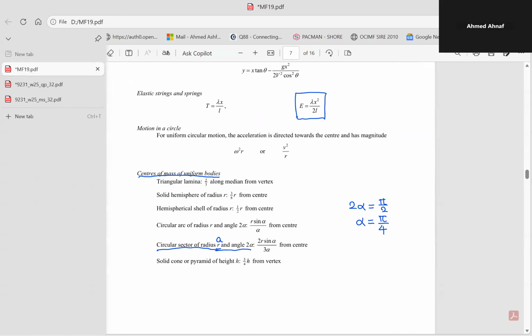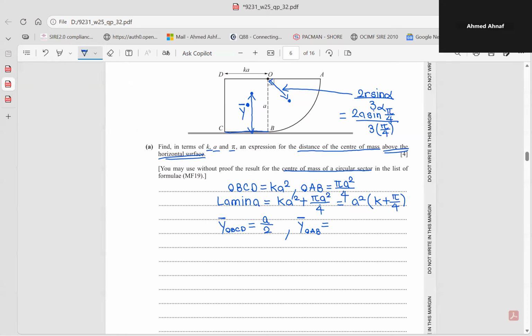Sine pi over 4, which is 45 degrees, is just square root 2 over 2. So we get square root 2 a over 3 pi over 4.